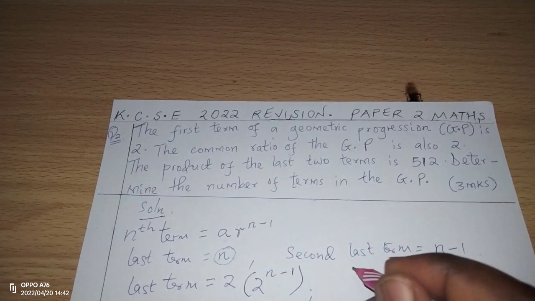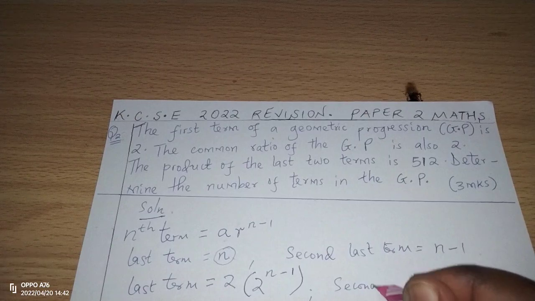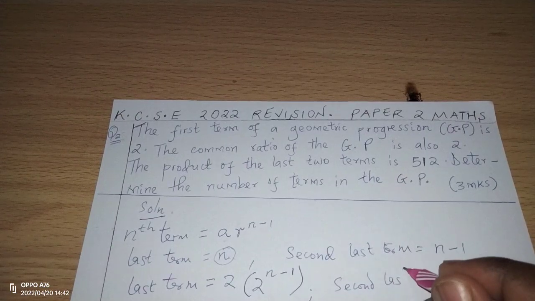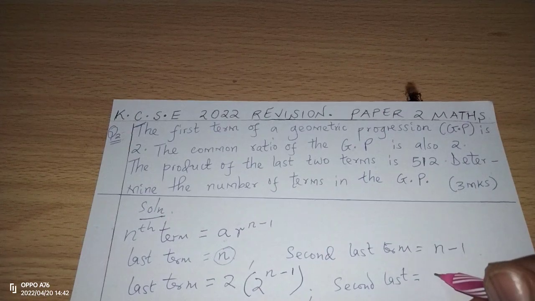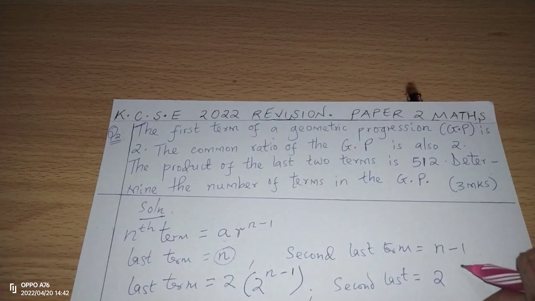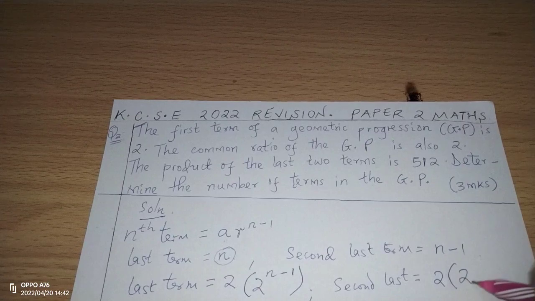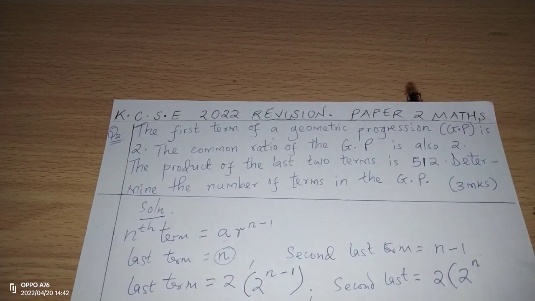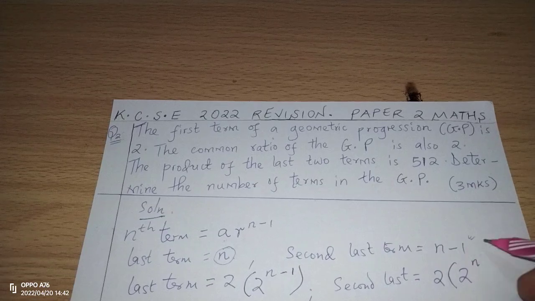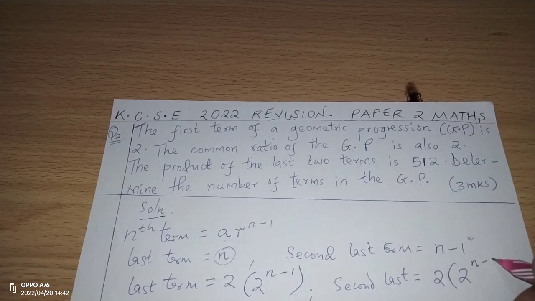Again, we have the second last term. The second last term is going to be a, which is 2, the first term. Then r is also 2, raised to n minus 1 by the formula. But again, now the position of the term is already n minus 1, so we subtract 1 again, which makes it n minus 2.